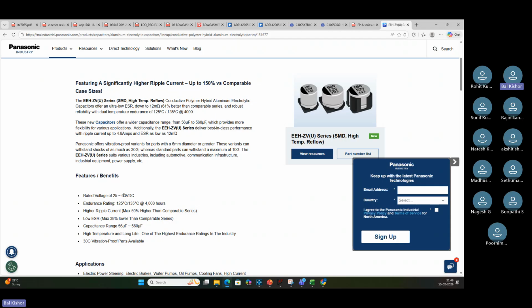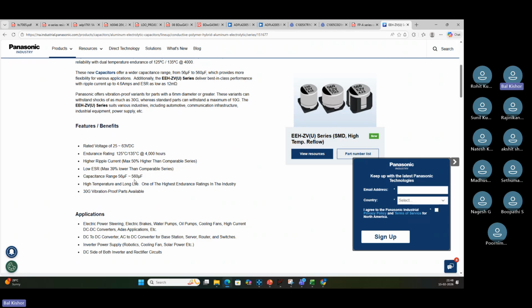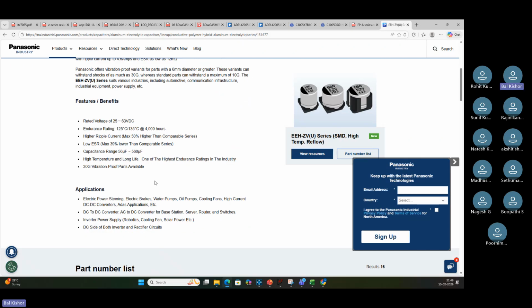They are not able to give you higher voltage ratings, like 220 volt and all. Okay, and they are rated for 4,000 hours at 125 or even 135 degrees centigrade. And they have higher ripple current capabilities and low ESR, they are telling you, but it is close to 1 ohm, not very much less than that.